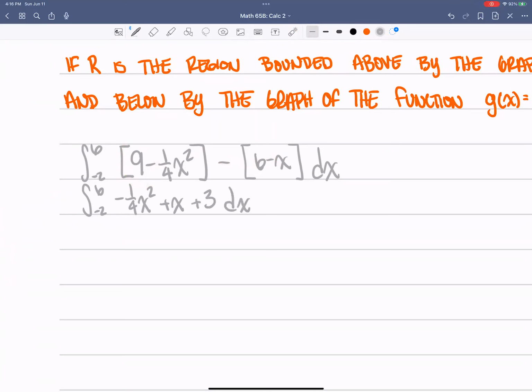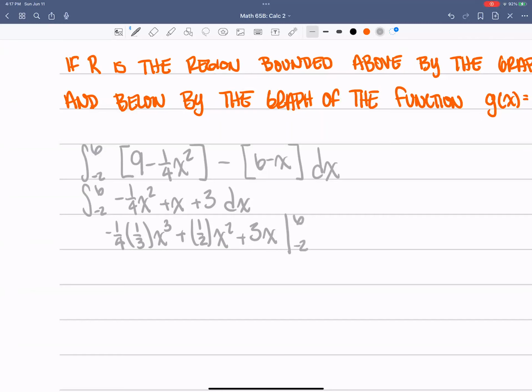And now integrating this, we have -1 over 4 times, here we have x to the power 3, so we're multiplying by 1/3. Plus, here we have x squared, so we're multiplying by 1/2. And 3x. We're evaluating all of this from -2 to 6.